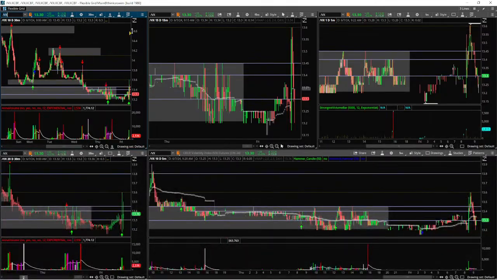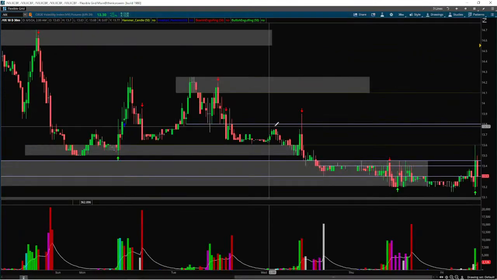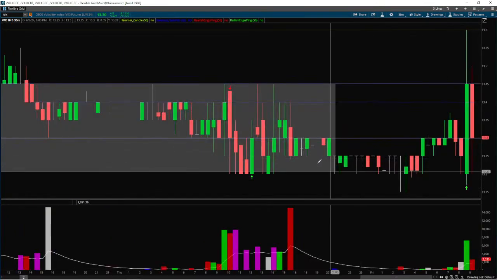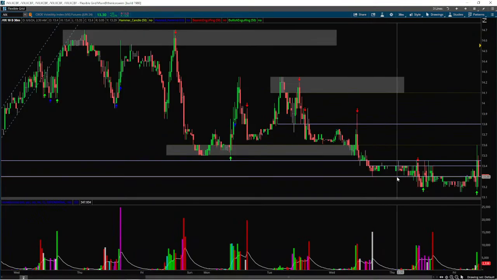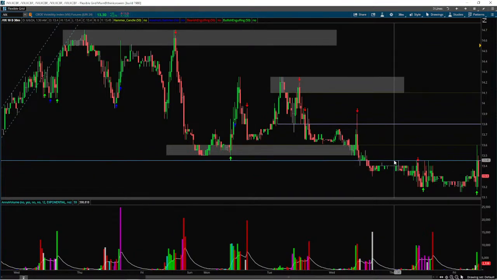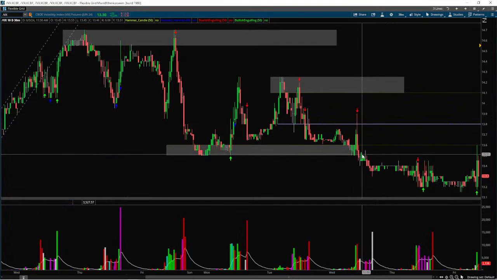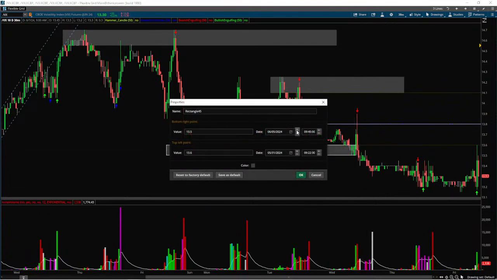Alright, so I typically just look at the 30-minute on VIX. Whoa. Alright, I can get rid of this. Let's zoom back out. Let's get rid of these lines. Looks like we came into this area here that I had marked.